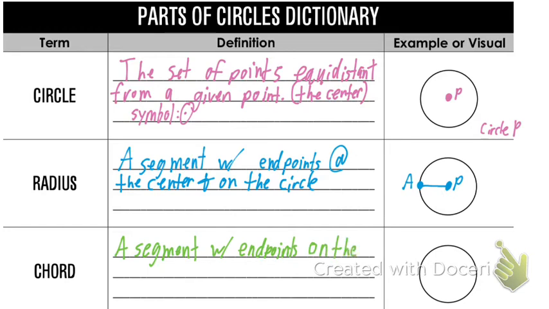So both endpoints are on the circle. So here's an example of a chord. Okay, so it connects two endpoints, and the endpoints are on the circle. The segment that connects two endpoints and the endpoints are on the circle.